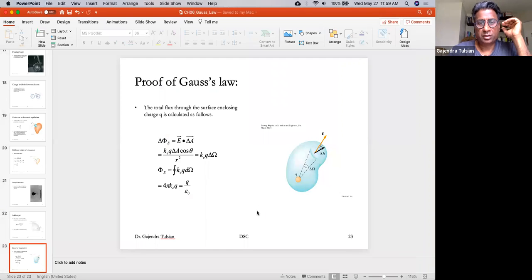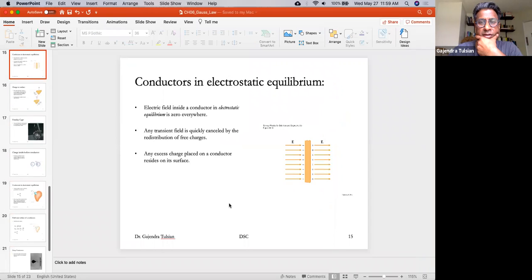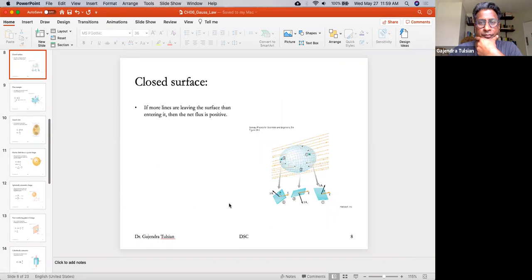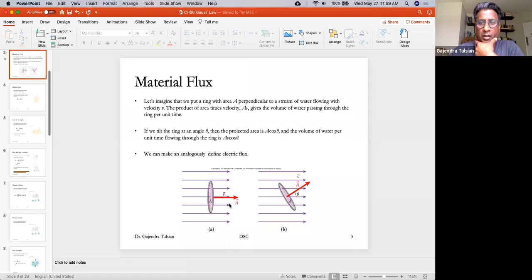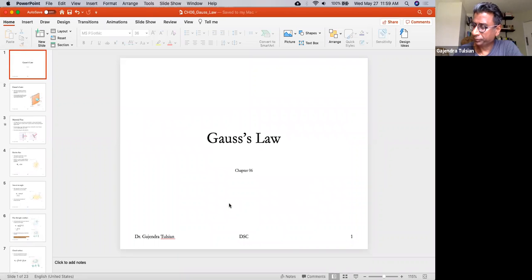All right, so that covers this chapter. All right, so let me summarize this chapter again. What we are interested in is, so let's say you have a bunch of charges distributed in a region.